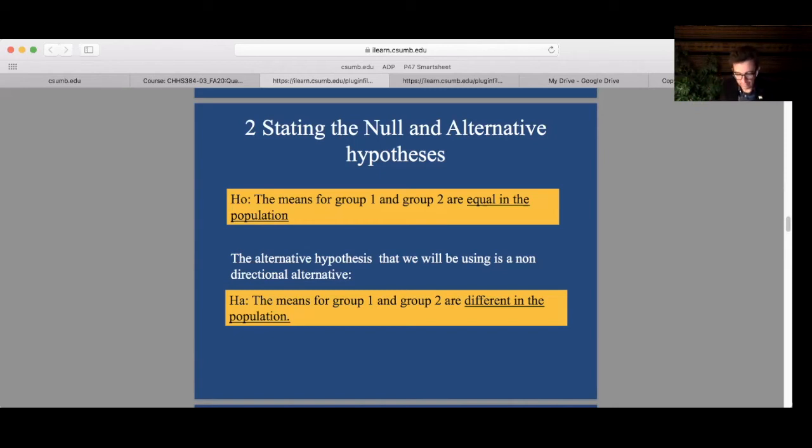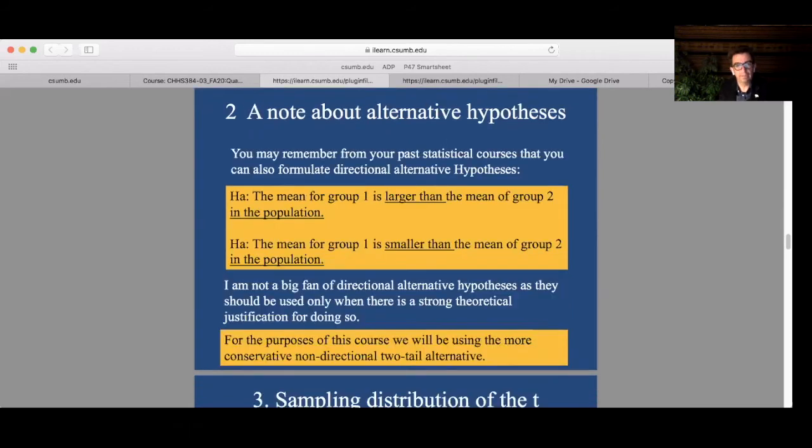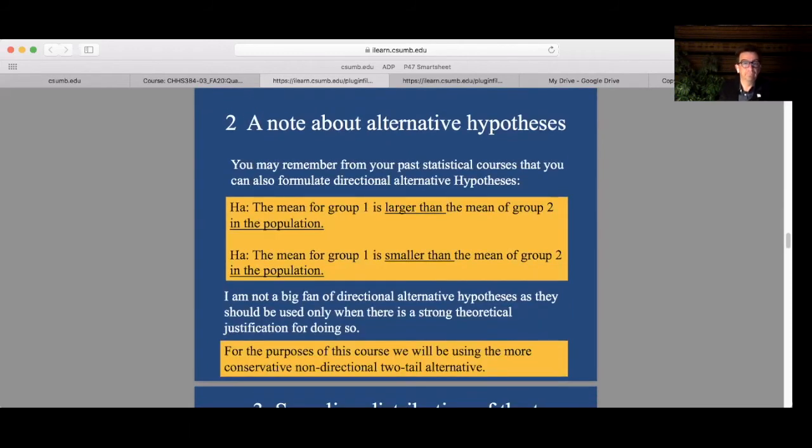This is key. Now, you may remember, and this is a little confusing sometimes, that there are other types of alternative hypotheses. They are directional. You can say that the mean for group 1 is larger than the one for group 2, or the mean for group 1 is smaller than the mean of group 2 in the population. These are directional hypotheses. You cannot just choose them like that.